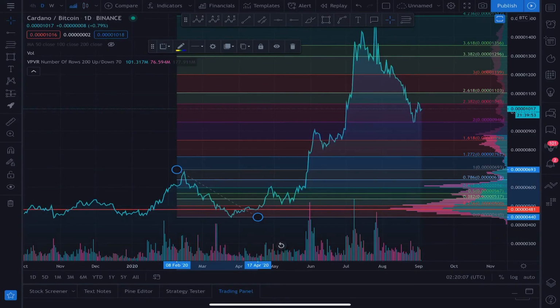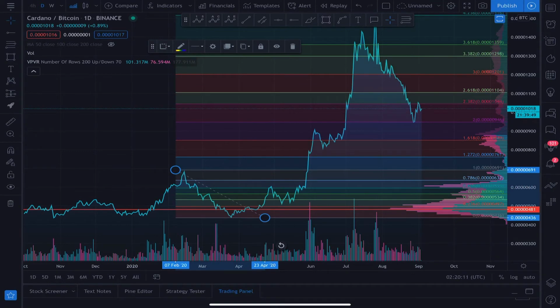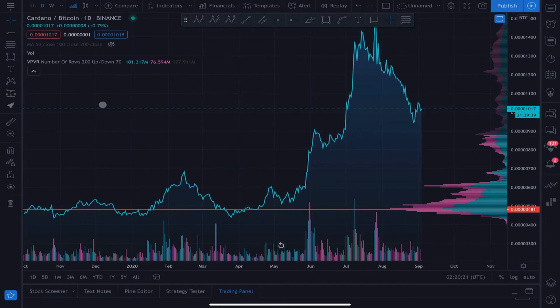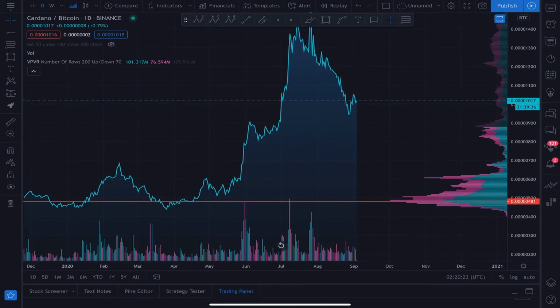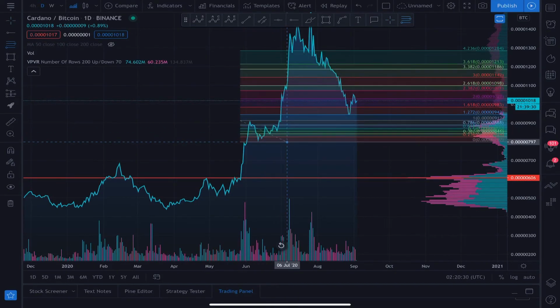Switching over to the line chart here, yeah, it didn't quite make it to a double. If you were to take profits at the 1.618, that would have been a very good place to take profit. Now let's do another one from the next move. So let's say we took a move here down to here.